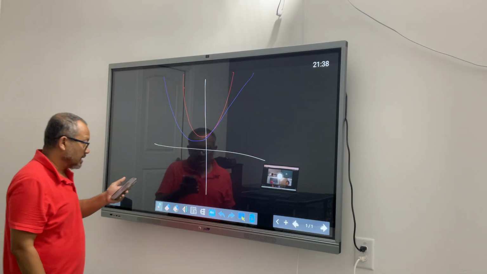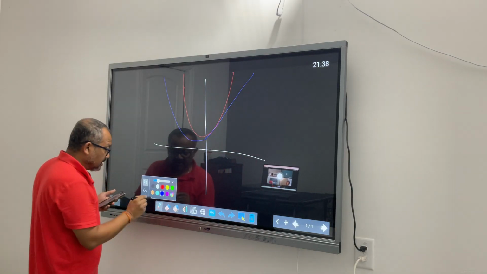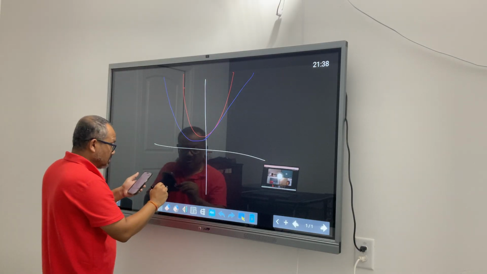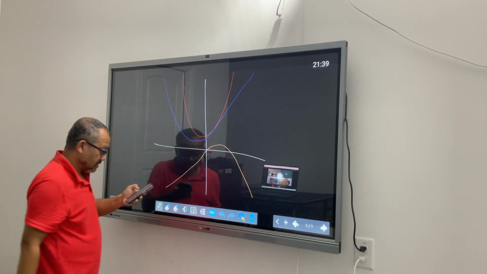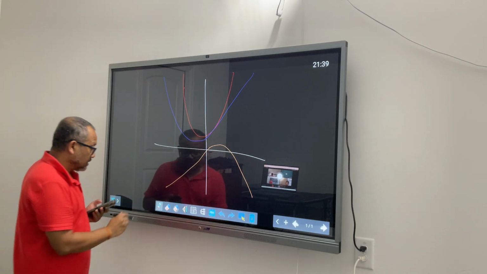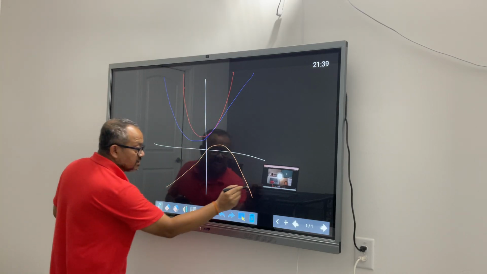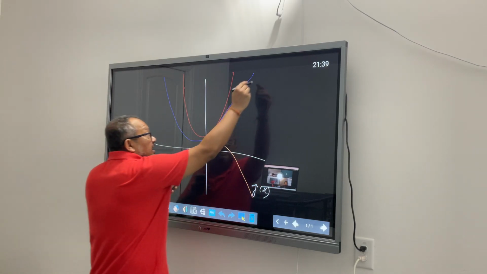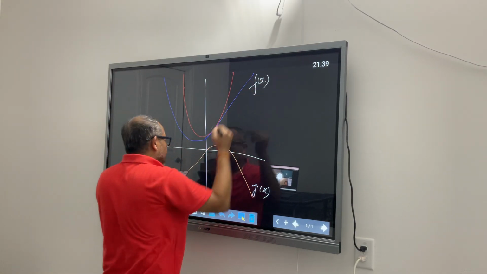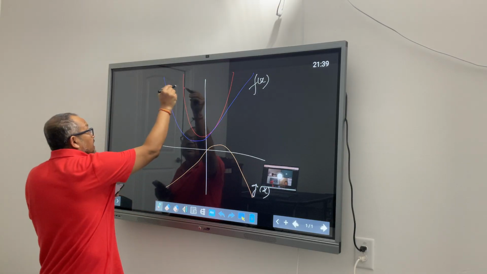And the third function is in brown color. So this is g of x, this is f of x, and this is h of x.